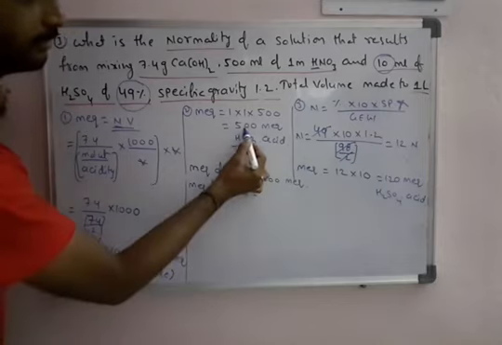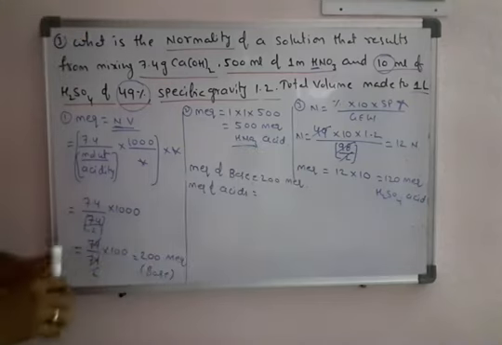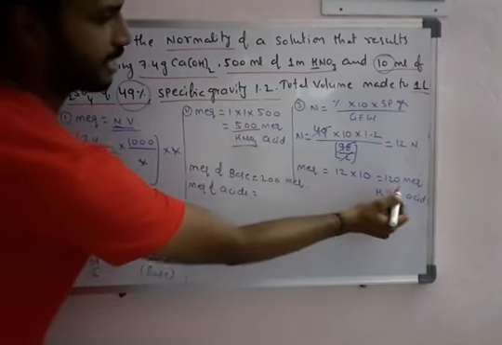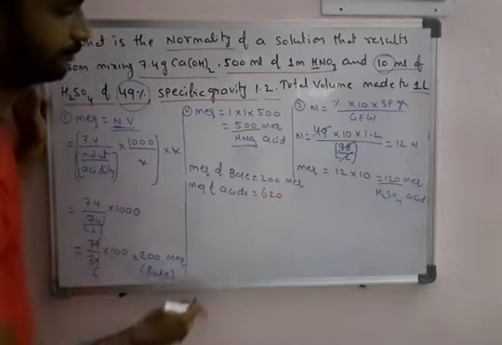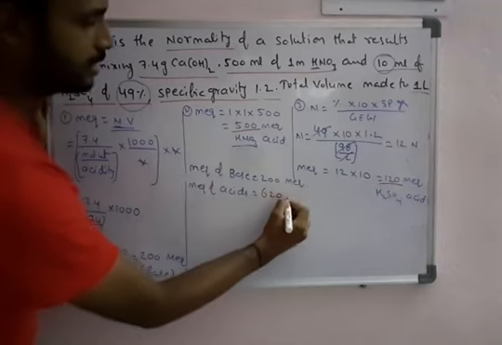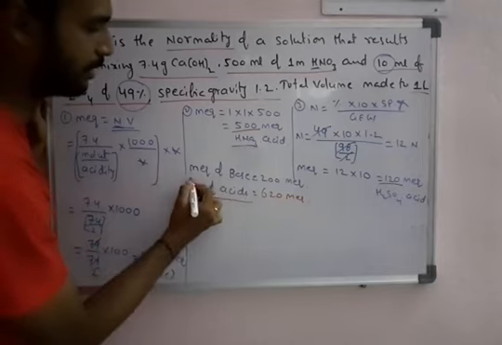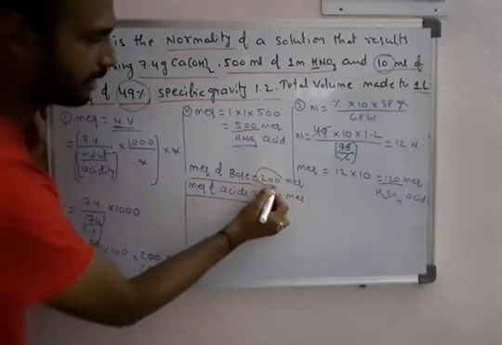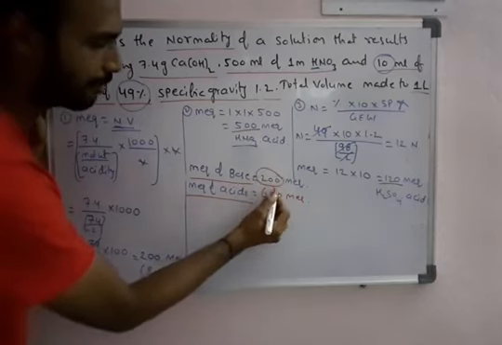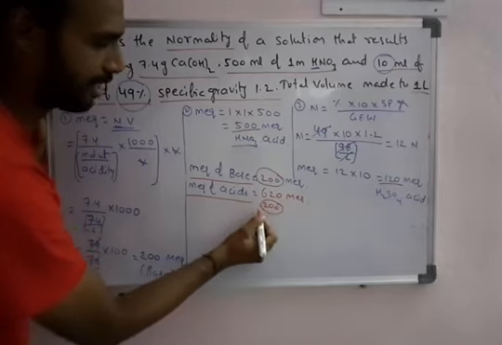So 500, this is 500 milli equivalents of acid, this is 120. So it becomes 620 milli equivalents of acid. So the milli equivalents of 200 base are exactly compensated by 200 milli equivalents of acid.